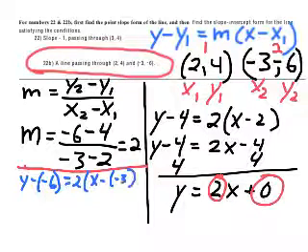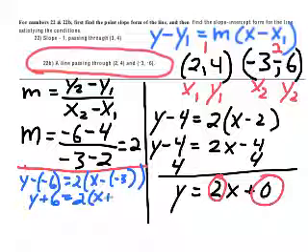Notice I'm putting the negatives inside parentheses so I don't lose my signs. y minus a negative 6 is the same as y plus 6. It is still point-slope form without doing this, but this simplifies it. And then we'll keep the 2 out here, x plus 3.